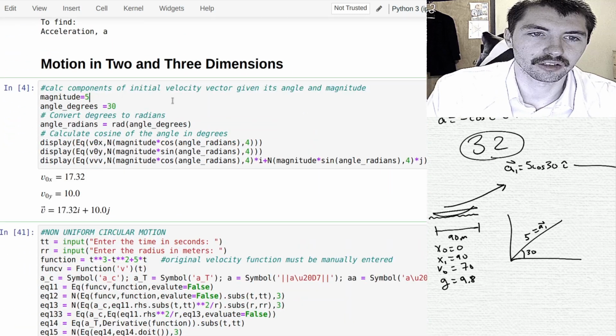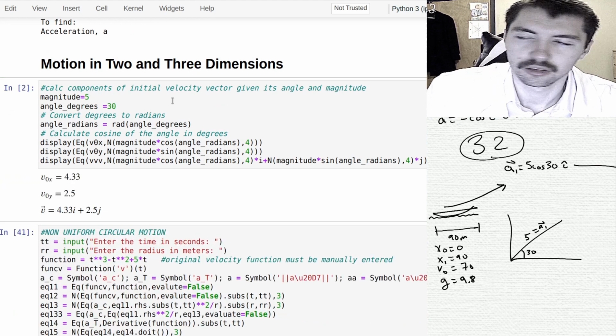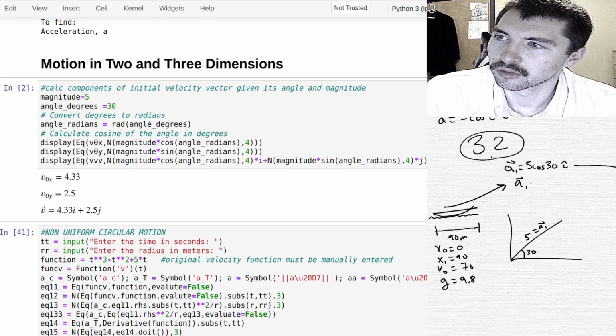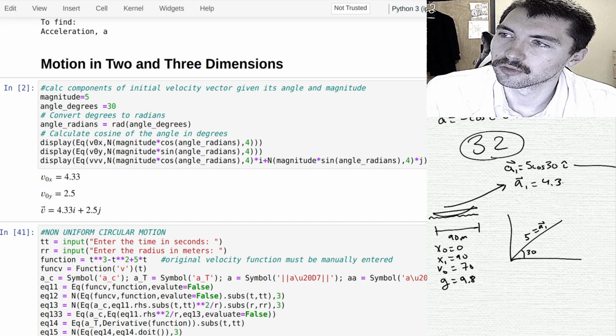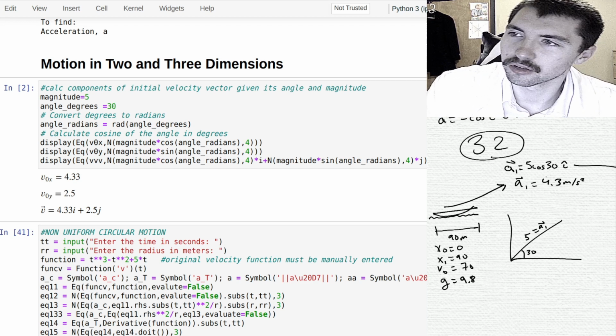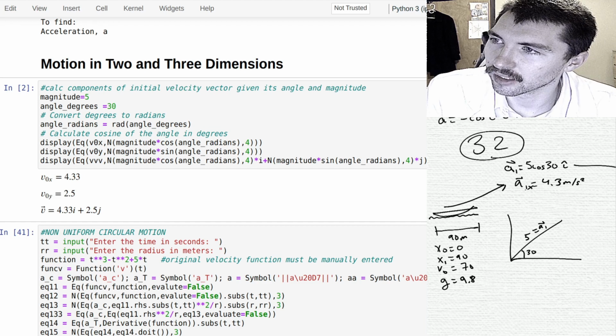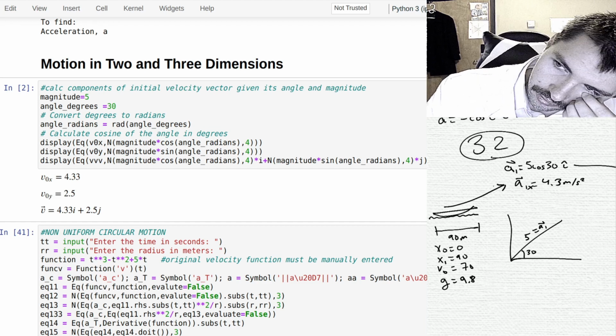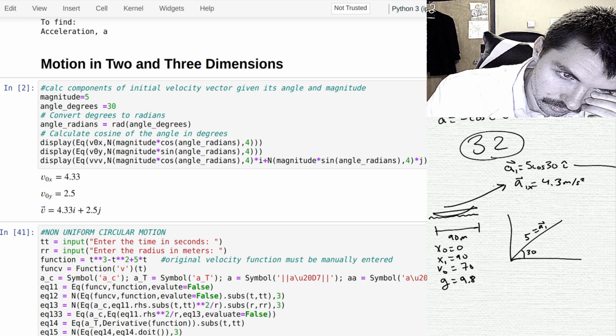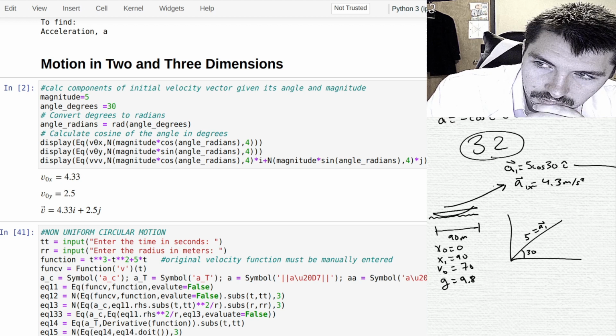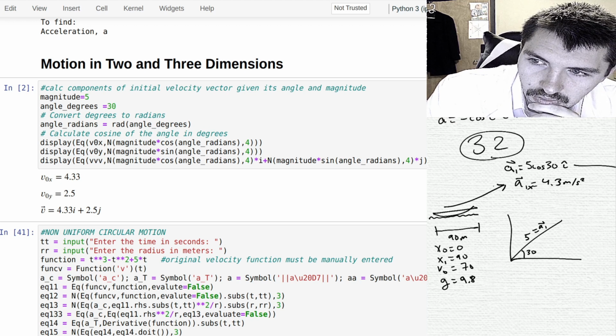So 5 cos 30 is 4.3. Okay, so I'm getting a horizontal component A1x.